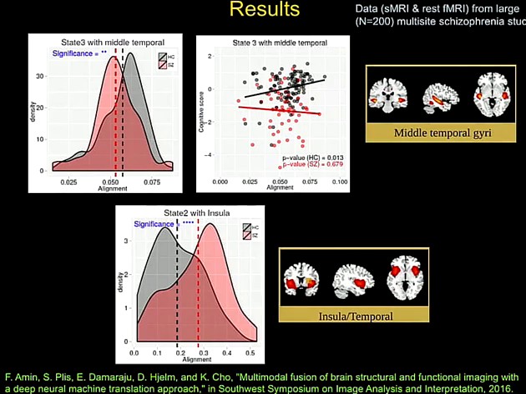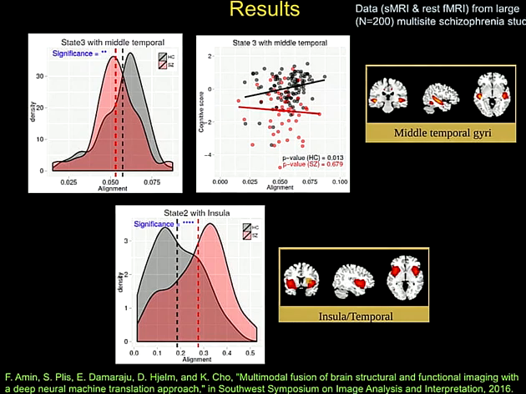And the results were pretty interesting, we thought. And so here, for example, we have a structural feature here that's tightly linked to a functional feature for state 1. And both of these distributions represent schizophrenia and healthy controls, and they're both significantly aligned. They're not anywhere near 0.